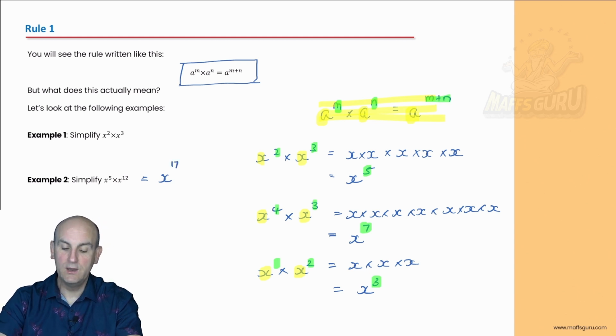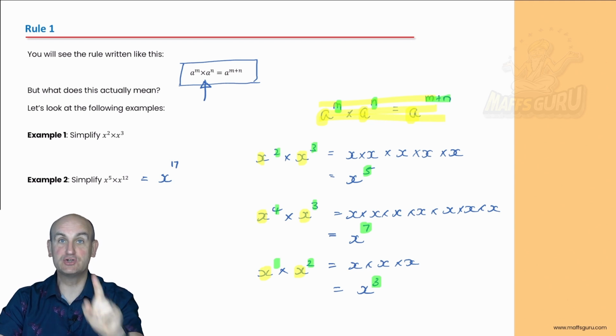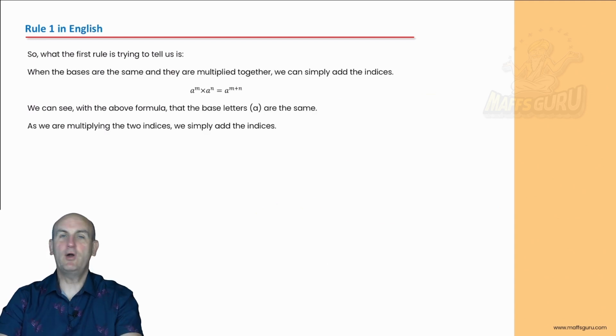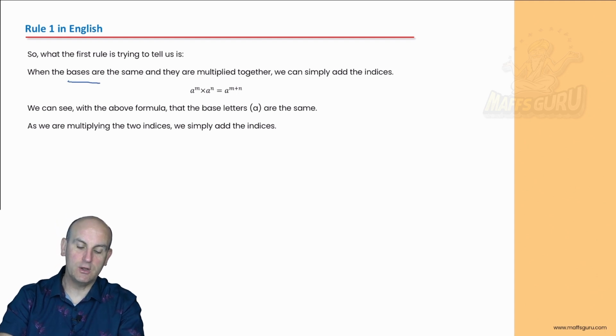Now this works when there is a multiply sign in between it. All right, so when you multiply floaty powers, add them together, so long as the base is the same. So writing that in real English, because that's really good, it's trying to tell us that when the bases are the same, so important.